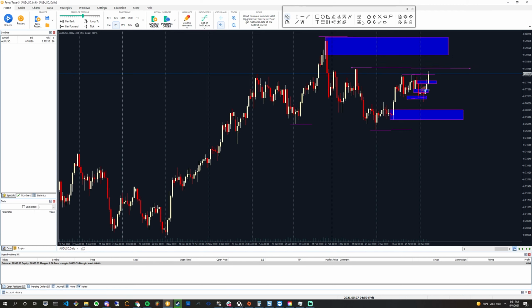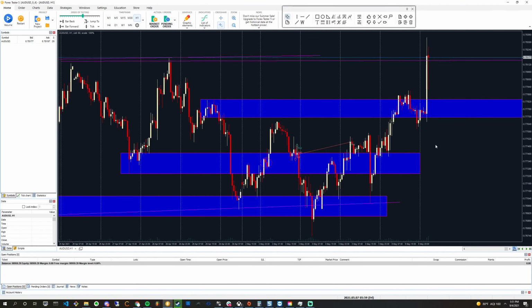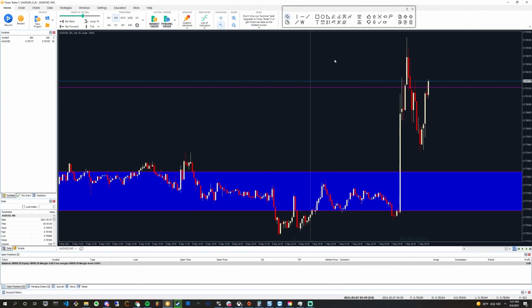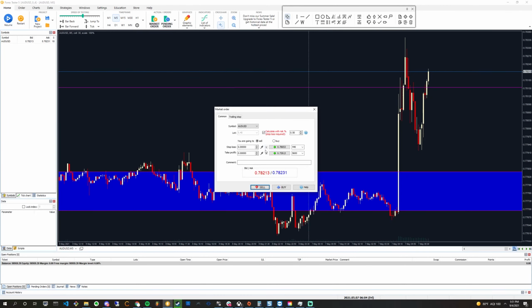I don't know, it's all slanty, but it should work. Let's see, so we'll go back down here. I like that doji. I think I'm just gonna buy. Yeah, let me just get it in.